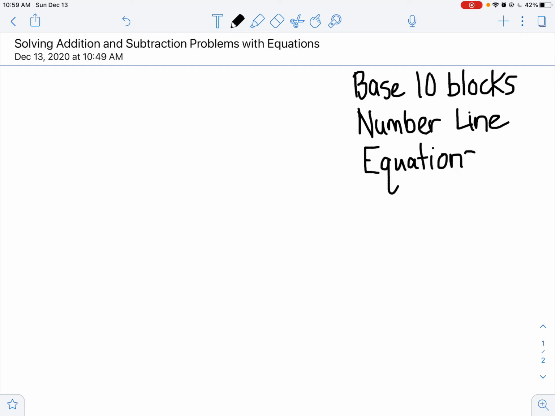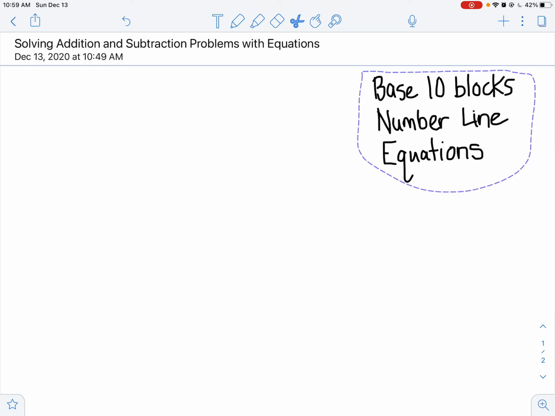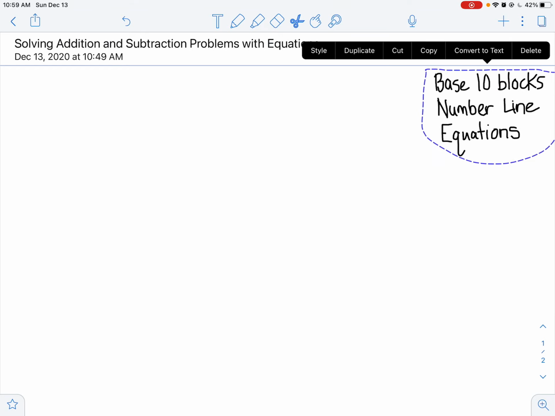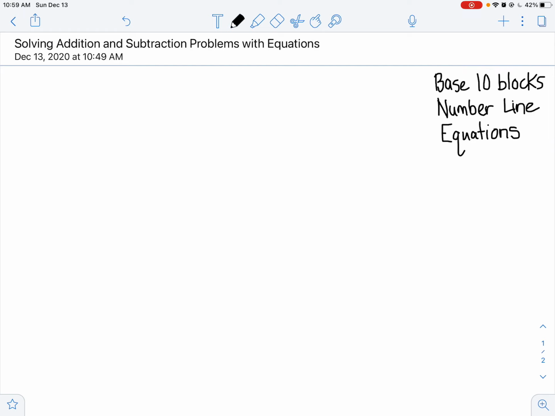Equations is just a fancy word for number sentences, okay? So today we're going to take a look at how we can use equations to show our thinking. Some of you are already doing this, and some of you haven't been doing this yet. And that's okay. Wherever you are, it's perfectly fine. You can either practice for the first time or continue practicing and getting better.